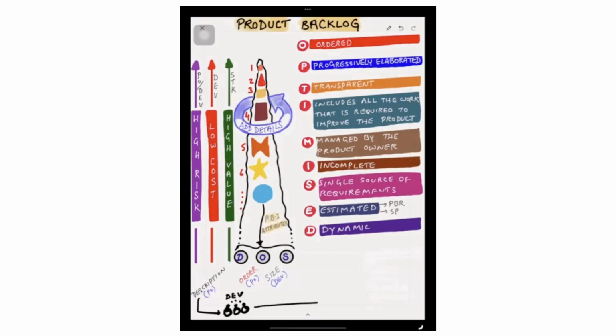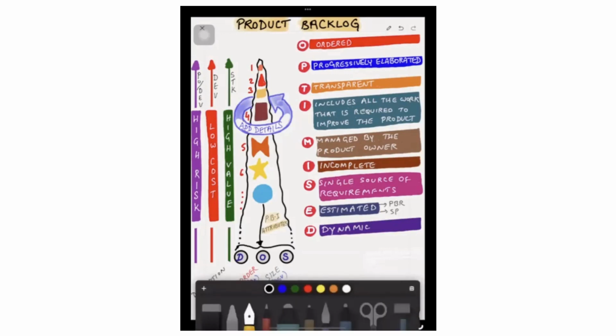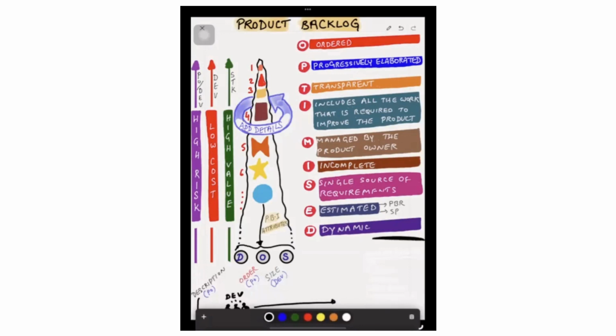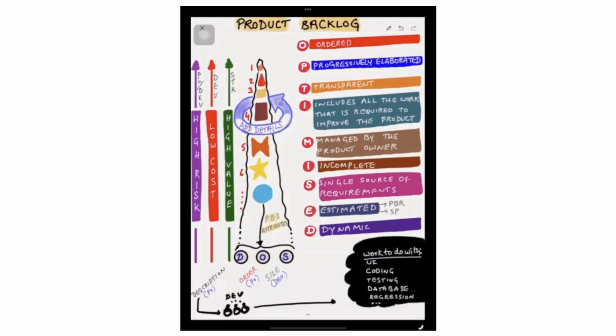That knowledge will help them to see what are all the things they have to do as part of front-end validations, coding, testing, regression, any external APIs they have to call, database work, all these things, which will help them to understand the volume of work, complexity, and uncertainty involved in the backlog item, and then accordingly, they will provide the estimation. So that's a brief explanation about the product backlog.